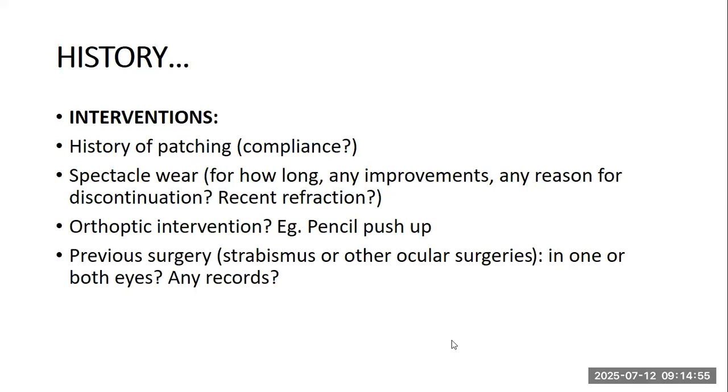Some of those parents will not volunteer such information except you ask them, have they had surgeries before? And if you don't know that, you may try everything you can in managing this patient, but there will be no improvement. So you need to have an idea of what has happened. You need to be sure that it's not a form of consecutive strabismus.